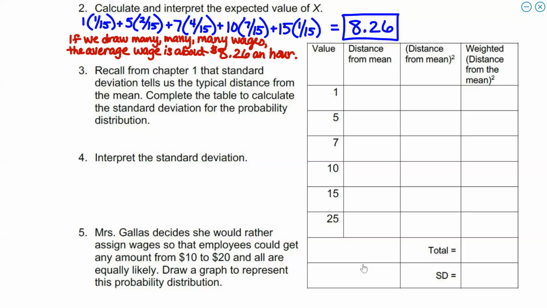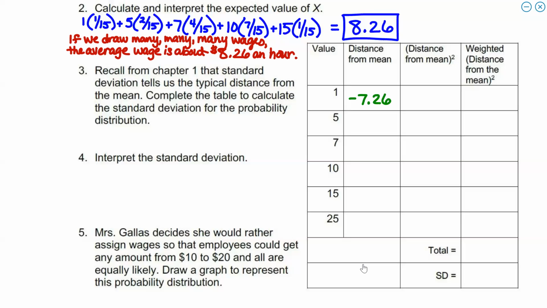So how far away is 1 from the mean? How would I calculate its distance? Subtract. So 1 minus 8.26. Negative, I'm sorry, how much? So we do 1 minus 8.26, negative 7.26.